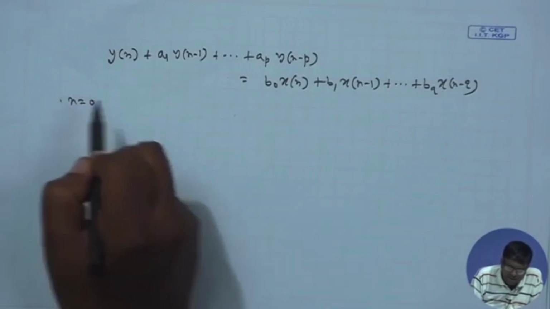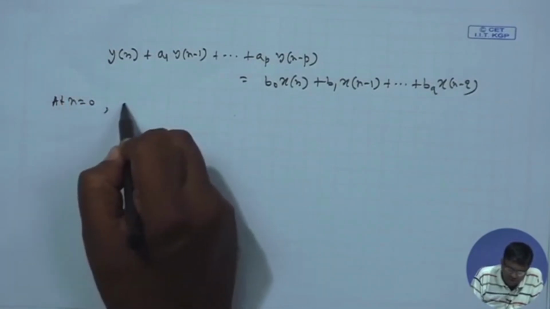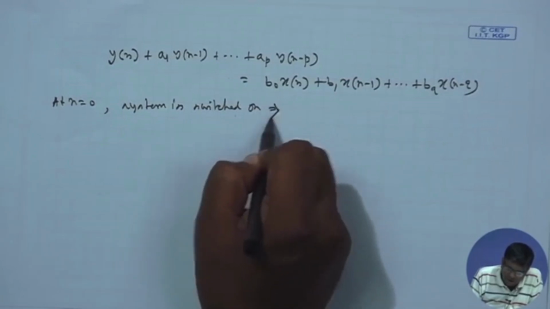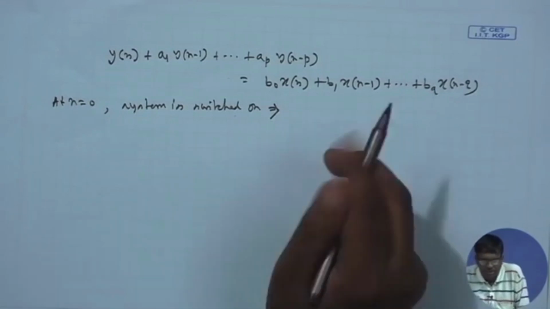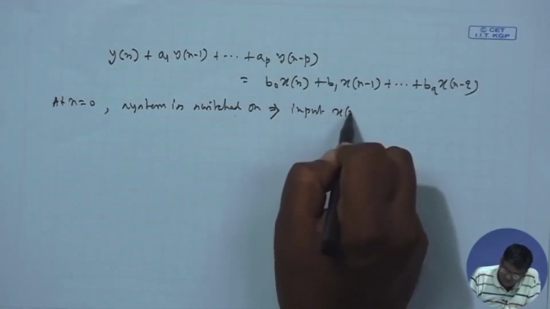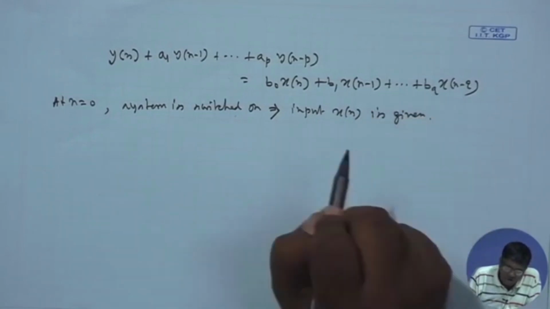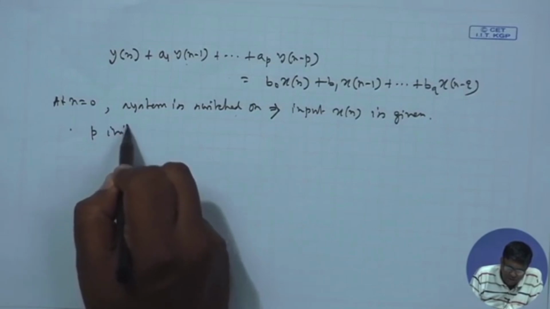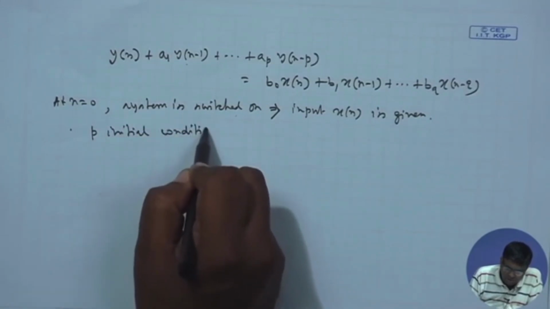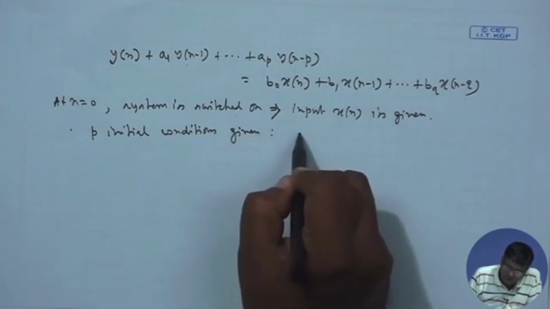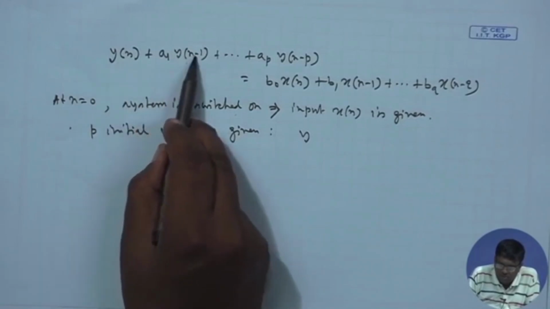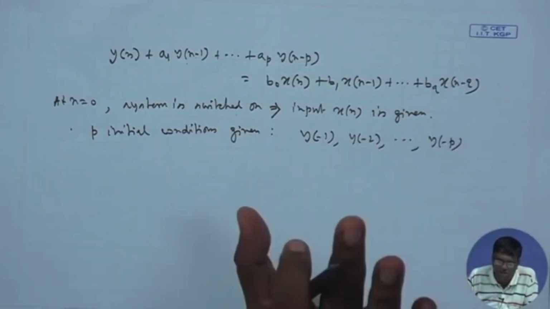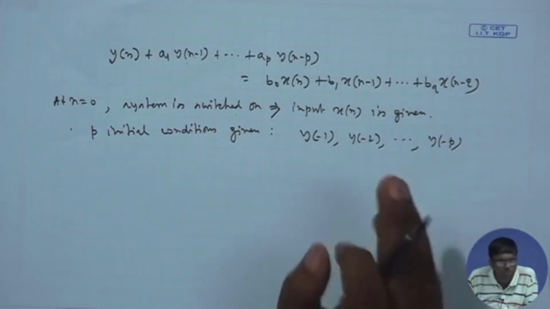That is, the system is switched on at n equal to 0, meaning you give input x[n]. x[n] is given, and at that time you have p initial conditions given, that is, at n equal to 0, y[-1], y[-2], ... y[-p]. These p past values are given to you, they could be 0 or they could be anything.